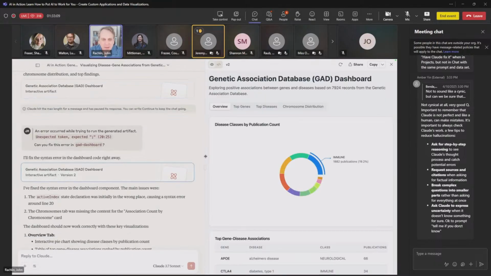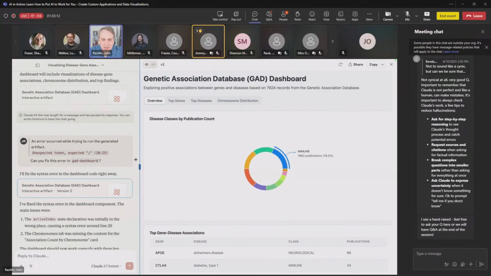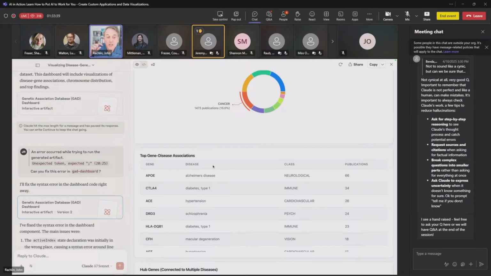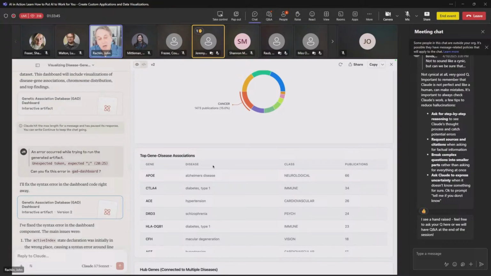So here it is. I'm going to just make this a little bit wider so that we can see what we've got here. Okay, so it's basically cataloging for me in a kind of pie chart all of the different publications and how they're distributed across the different disease classes. Over 19% of the records are for diseases or phenotypes related to the immune class, and metabolic and so on. And it lists some of the top gene disease associations. So for example, APOE is a known marker for risk factors for Alzheimer's disease.